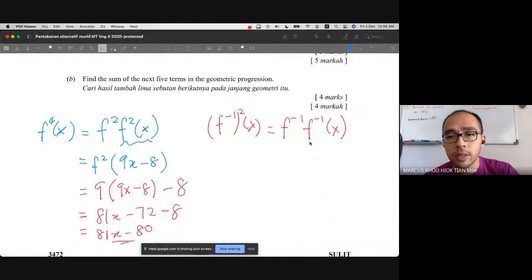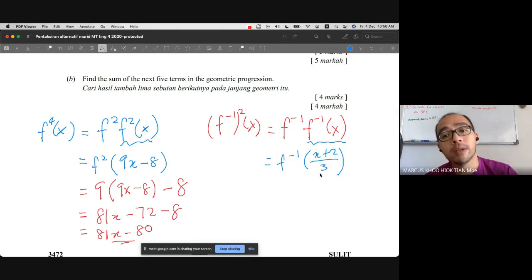Okay, so since this one has already been set, which is x plus 2 over 3, this will be f minus 1, x plus 2 over 3. Okay, so this has become the small x already, di dalam kurungan.